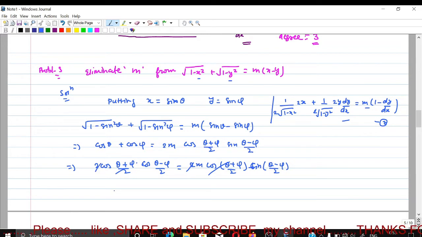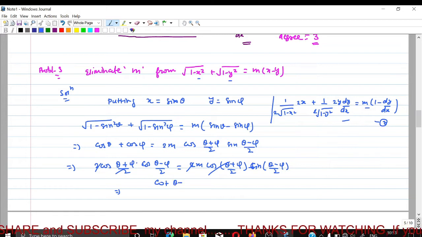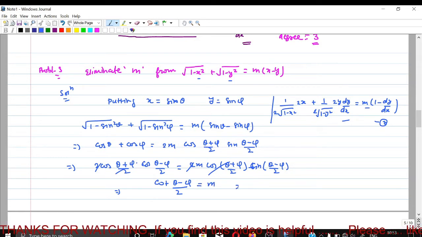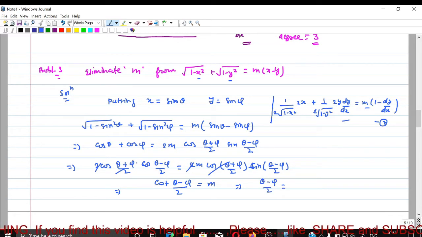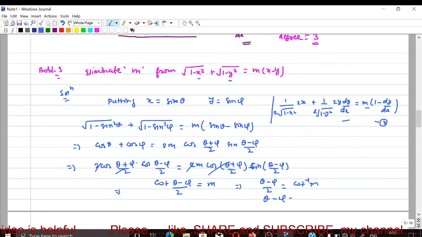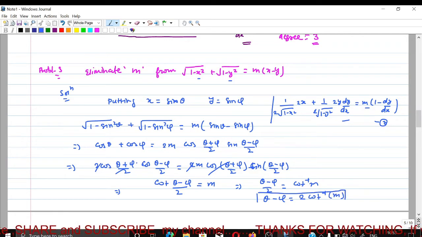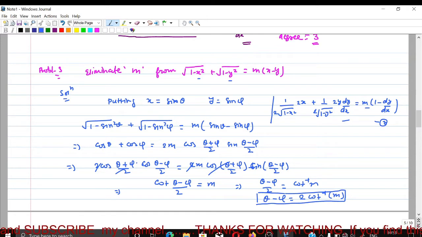So finally cot((theta minus phi)/2) equal to m. From here, (theta minus phi)/2 equal to cot inverse m, so theta minus phi equal to 2 cot inverse m.